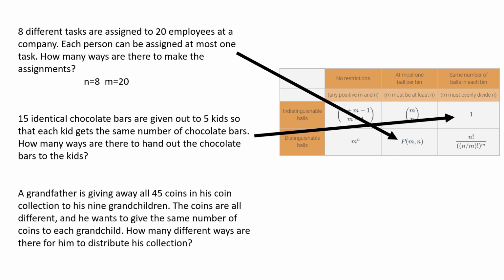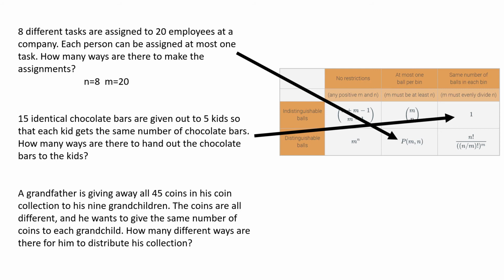Now, a grandfather's giving away all 45 coins in his coin collection to his 9 grandchildren. The coins are all different, and he wants to give the same number of coins to each grandchild. How many different ways are there for him to distribute his collection? So the grandchildren would be the bins, and the coins would be the balls. These coins are different. It says the coins are all different.